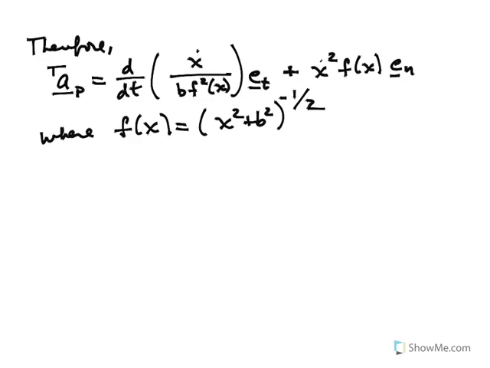So that is the final expression for the acceleration in terms of that function x squared plus b squared to the minus 1/2. And you can see that again, we've decomposed it in terms of an intrinsic basis.